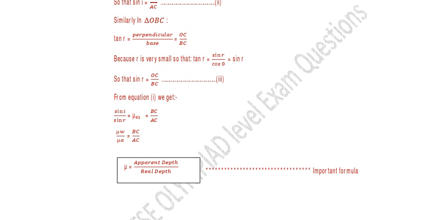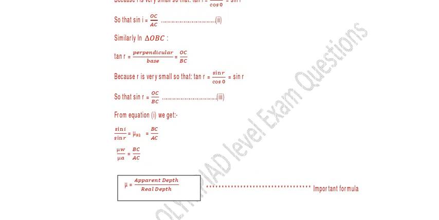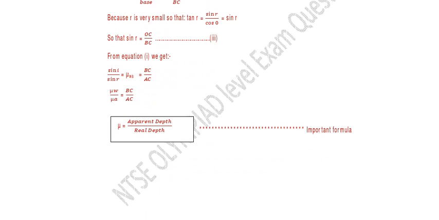Whenever a question comes where the person who is seeing an object is in a denser medium, generally in water, and he wants to see an object which is in air, in that case we apply this formula. So these are the two formulas you can use to determine the apparent depth of an object. I hope you understand both the formulas.